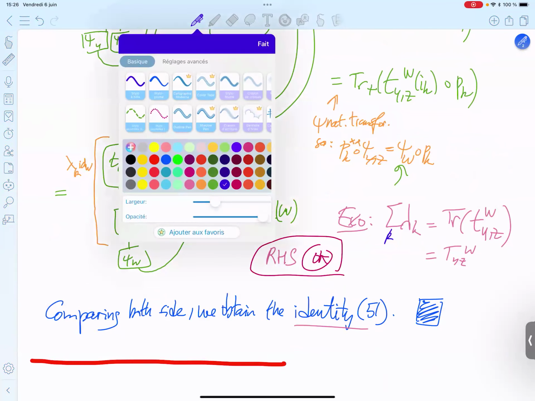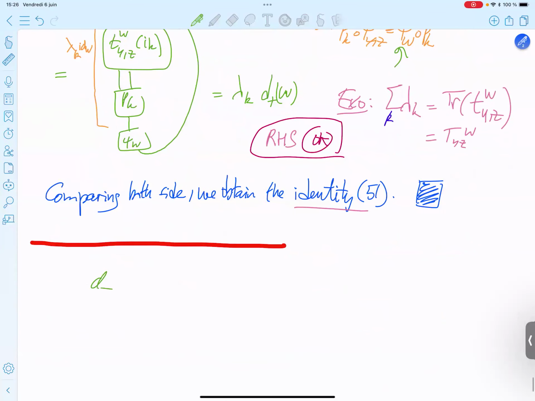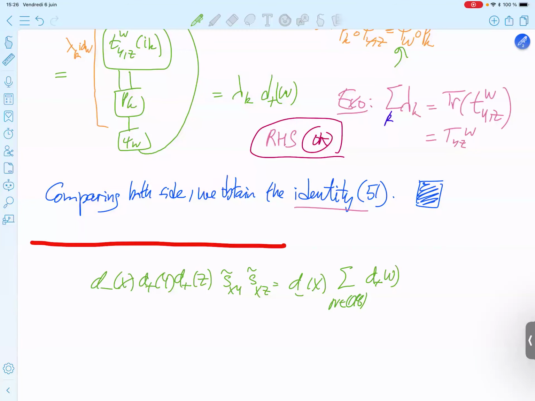So if you combine everything together, you get d minus x from the left-hand side, d plus z s tilde xy s tilde xz equal d minus x sum over omega, c, d plus omega, the trace s tilde x w.